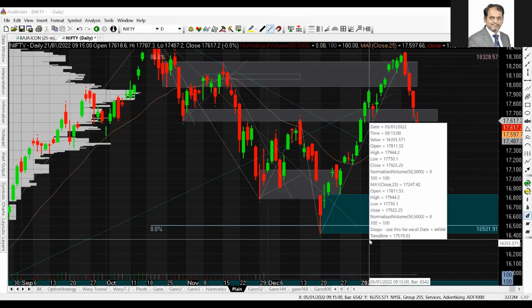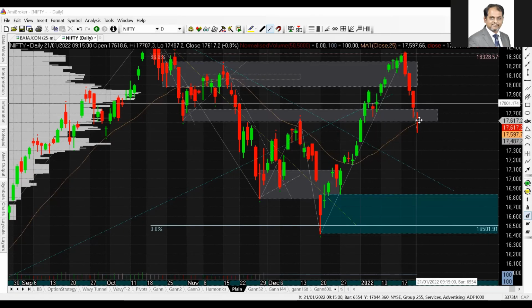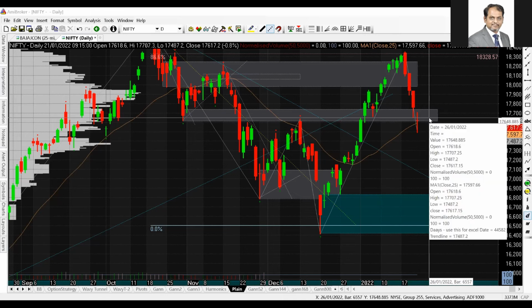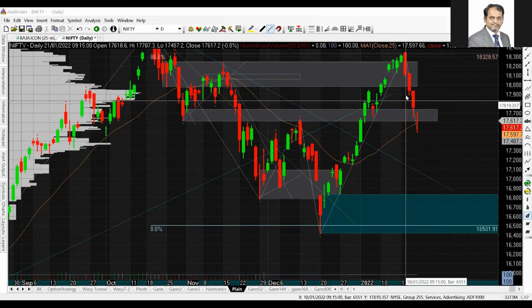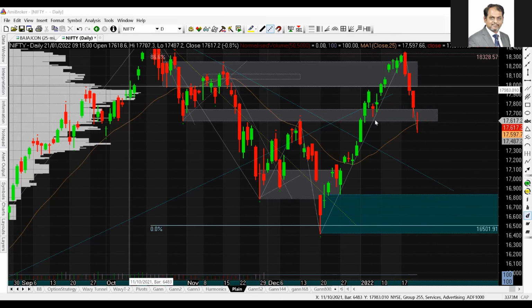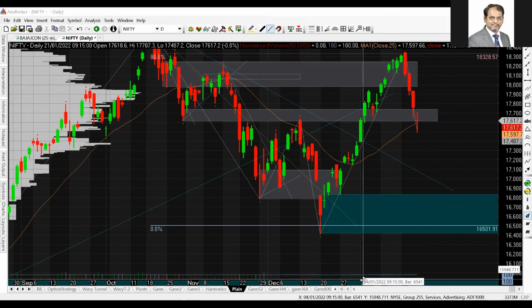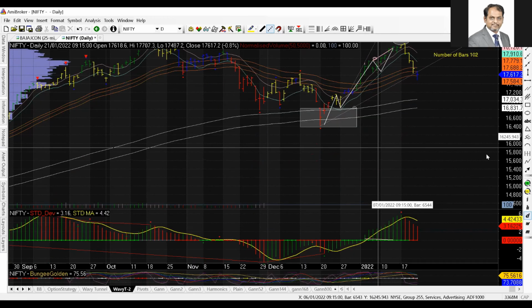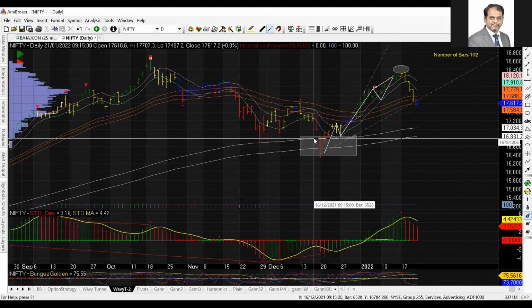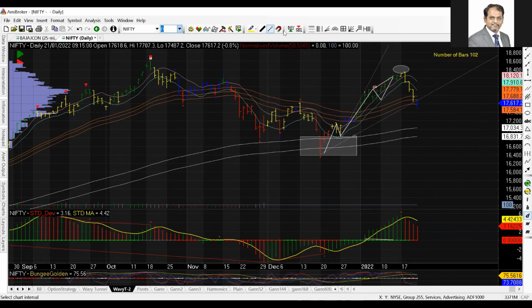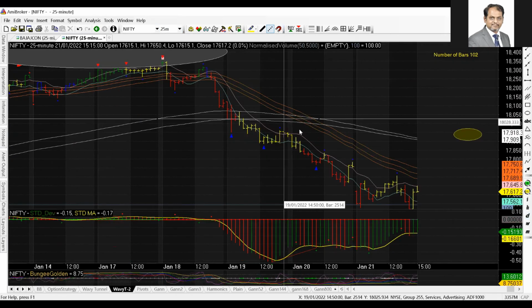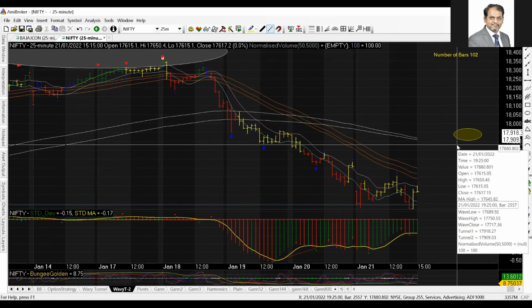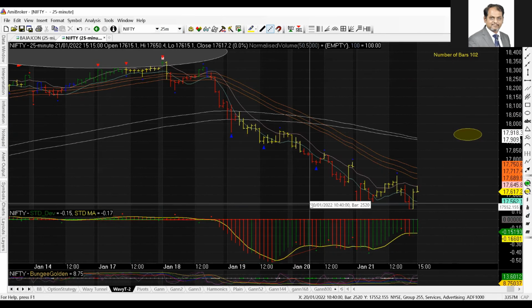And if you really look at it, now we need to look at where exactly it is going to be going from. So that is the first thing, and then you are going to be looking at these wavy tunnel levels on the 25-minute or whichever to take your trade. So that is how you would be looking at that.